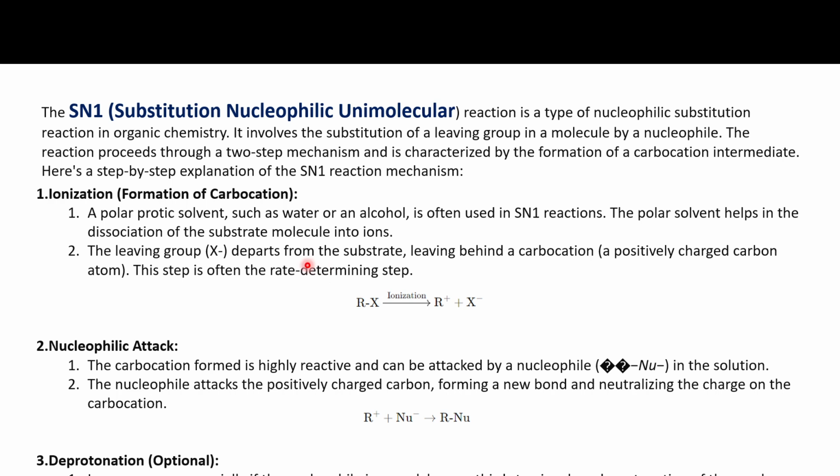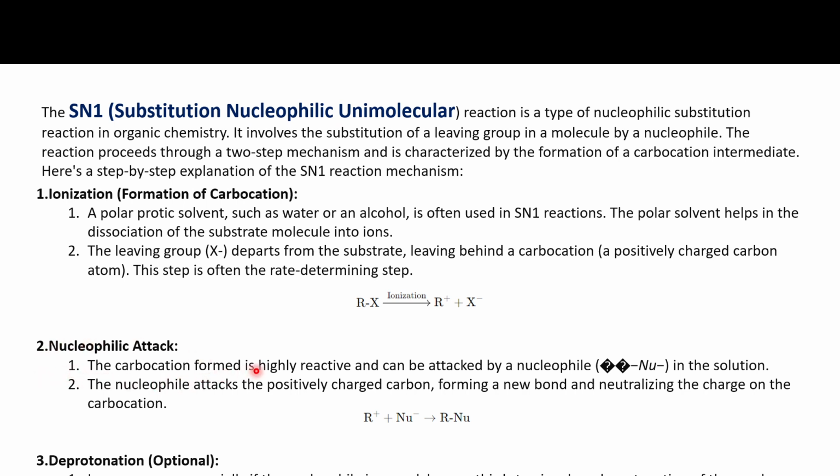The polar solvent can dissociate your substrate. The leaving group X departs from the substrate, leaving behind the carbocation, a positively charged carbon atom. This step is often the rate determining step of the SN1 reaction. Then the next step is the nucleophile attack.